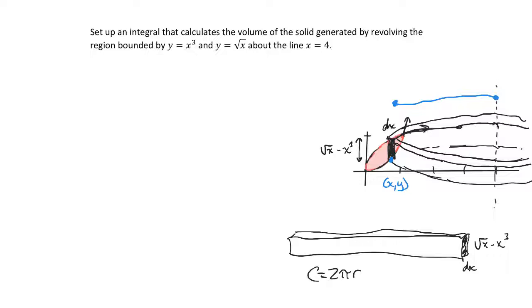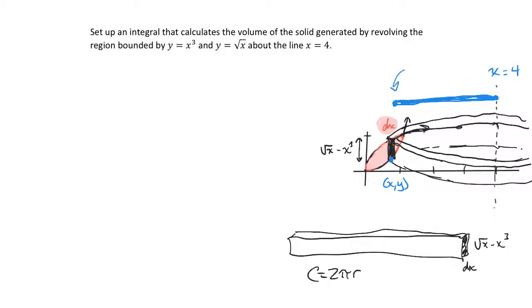Okay, so we're integrating with respect to x, right? We have the dx. So my radius has to be in terms of x. Which way are we going for our radius? We are moving left and right. If we're moving left and right, our x value is changing while our y value remains the same. Out here, we are at x equals 4.